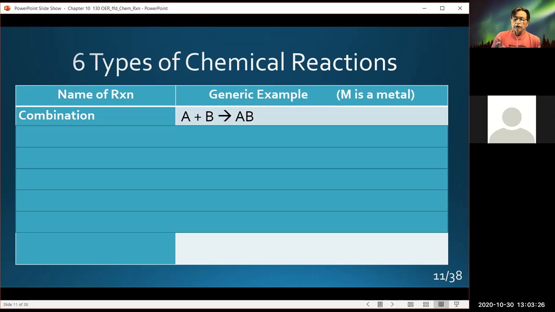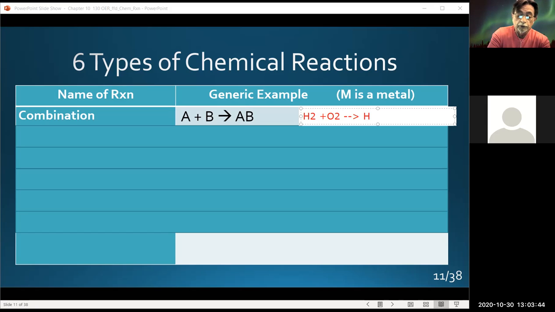A classic example would be the formation of water, where we have hydrogen gas reacting with oxygen to give us H2O, good old-fashioned water.